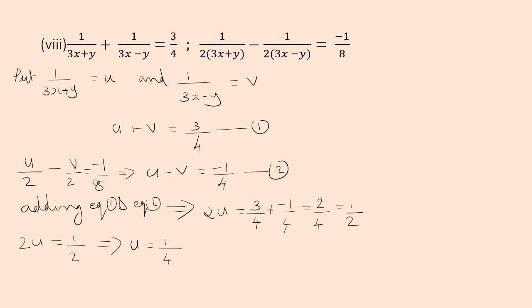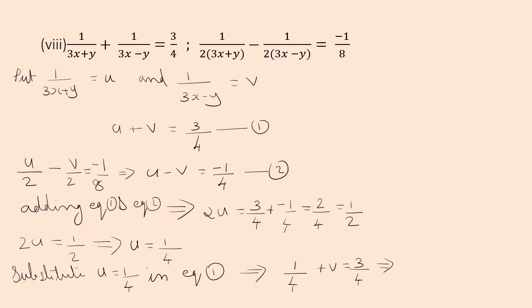Now you have to substitute u equal to 1 upon 4 in any of the equations. I am substituting in equation number 1, then it becomes, u is 1 upon 4. So 1 upon 4 plus v equal to 3 upon 4.